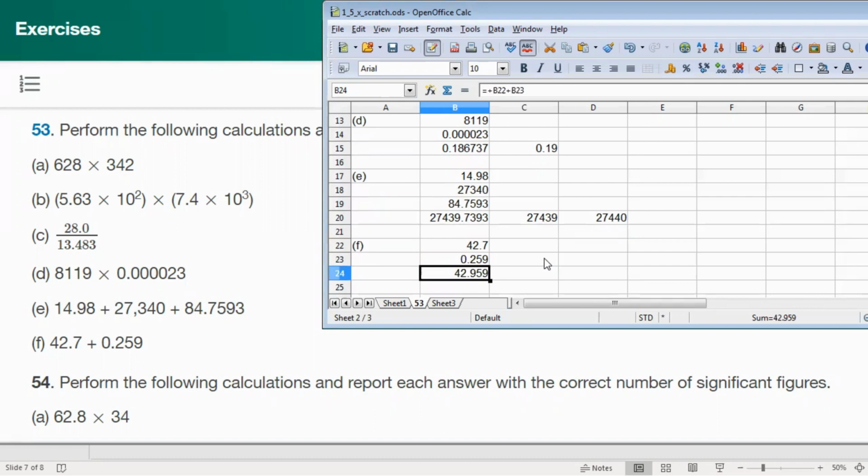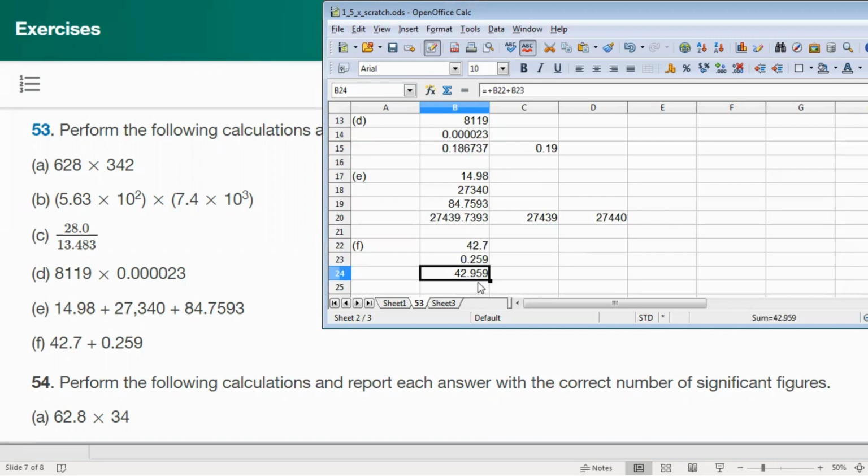If we're doing an addition or subtraction, we take the input that has the least number of digits after the decimal point, and use that as the guide for how many digits after the decimal point we'll report. So it should be, I mean, only one digit past the decimal point.